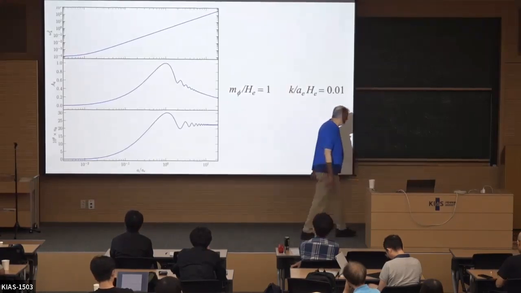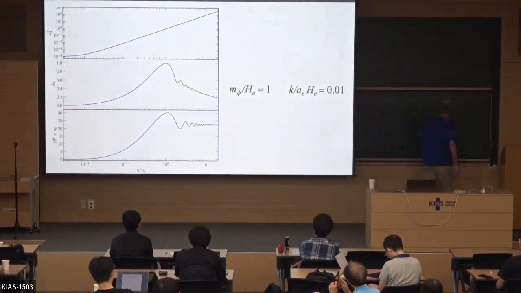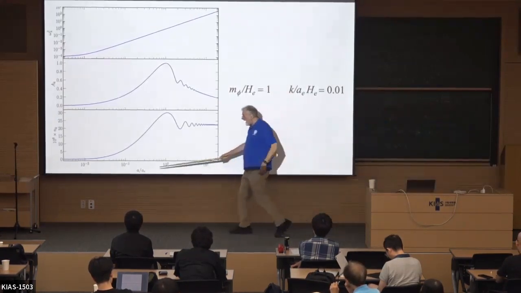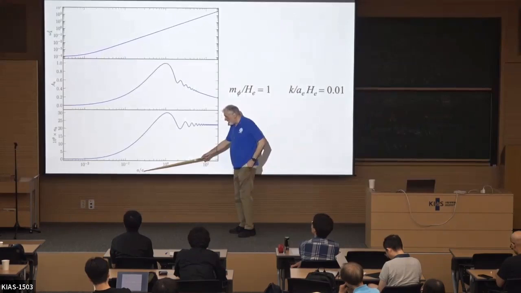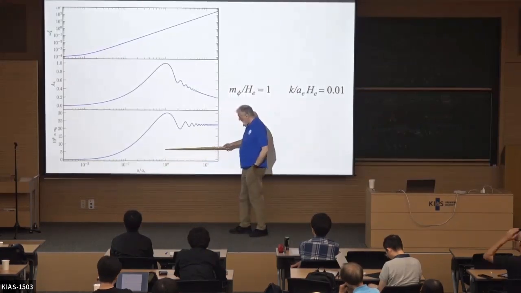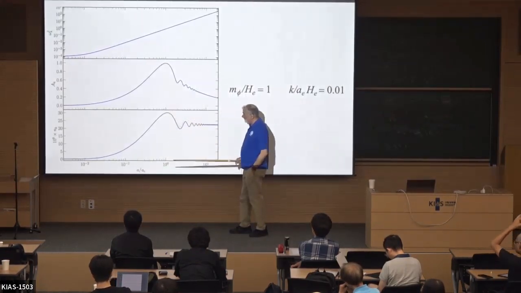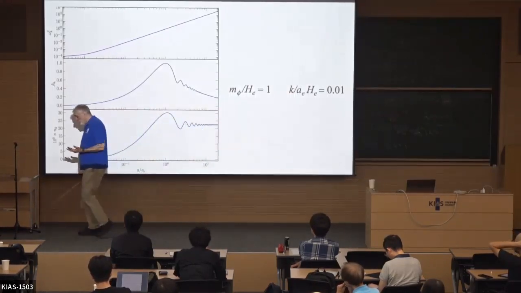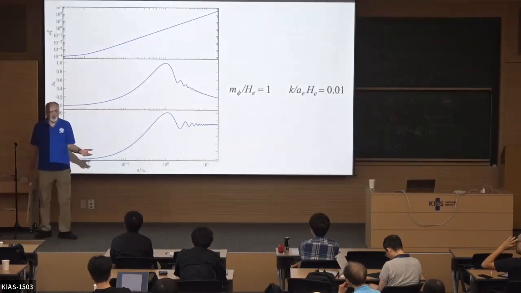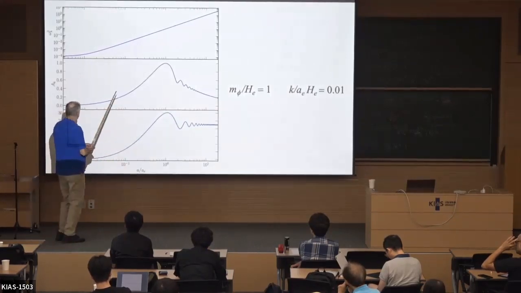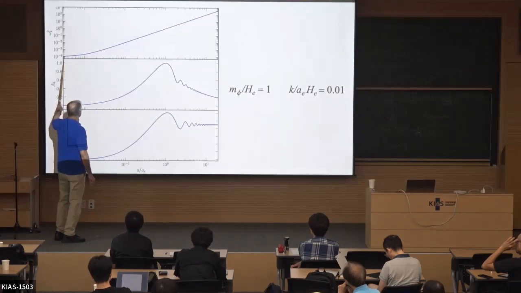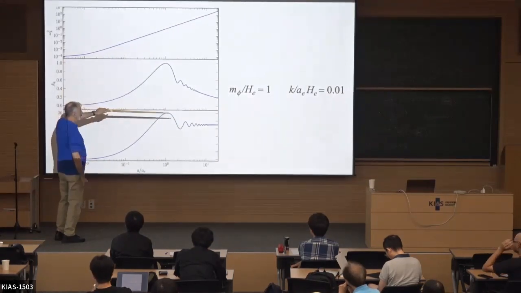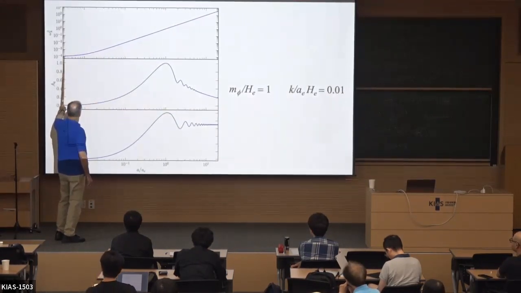The upper figure shows omega k squared as a function of the scale factor divided by a_E. So the end of inflation is at 1. At early times, omega k squared goes to a constant, k squared, because a goes to 0. And k is 10 to the minus 2, so here it goes to 10 to the minus 4.